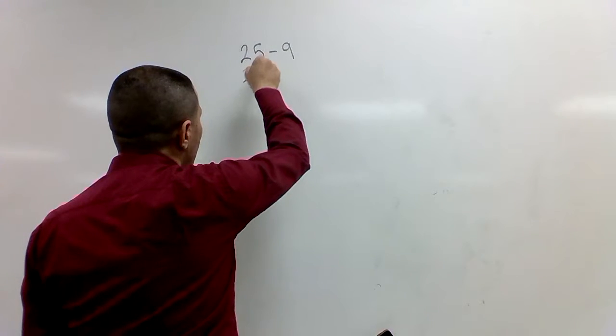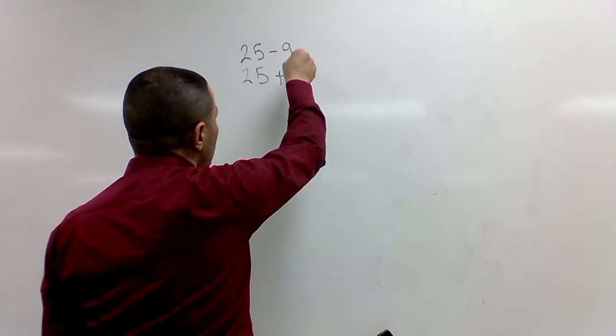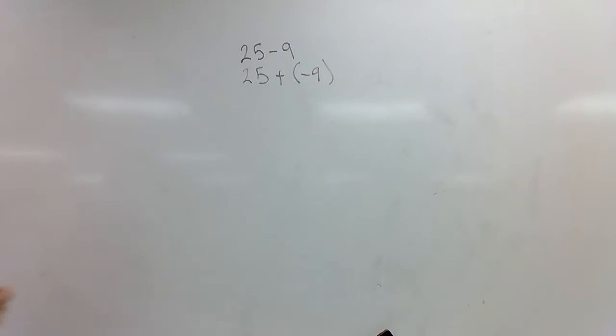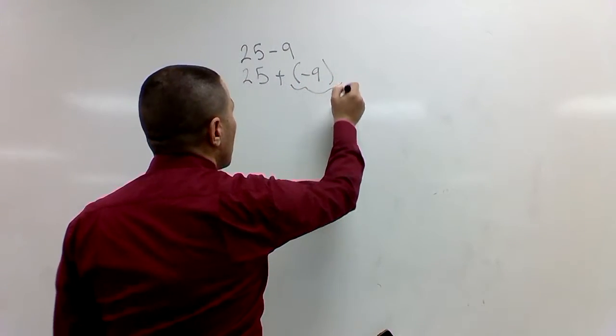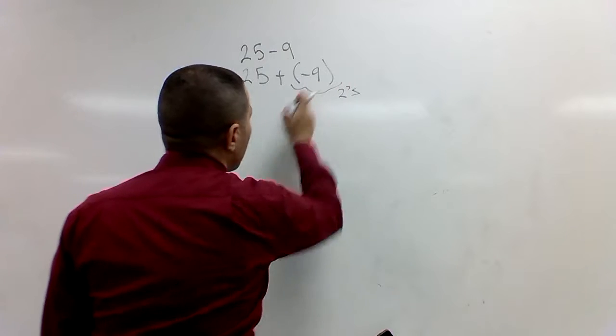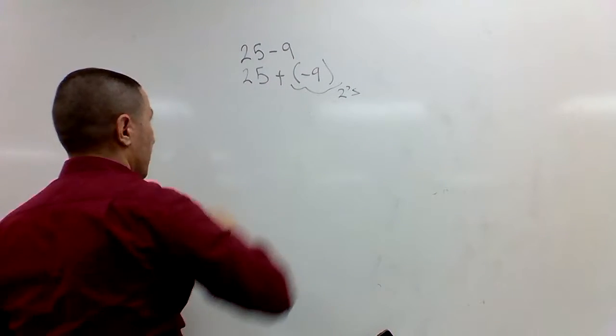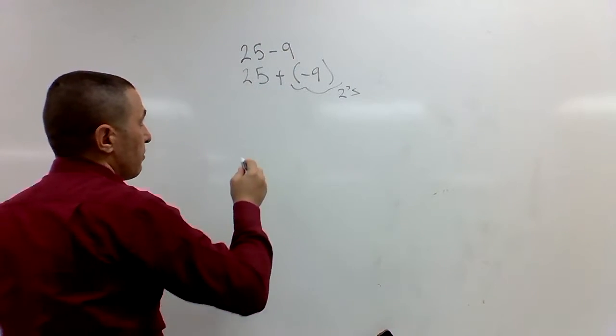It equals 25 plus negative 9. If I find the 2's complement for negative 9 and add it to 25, that should give me the same result.